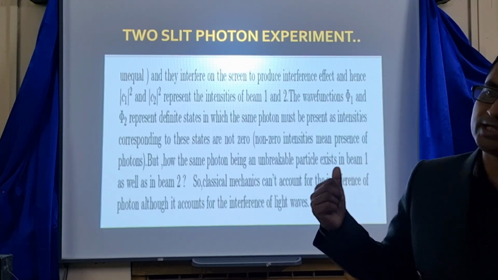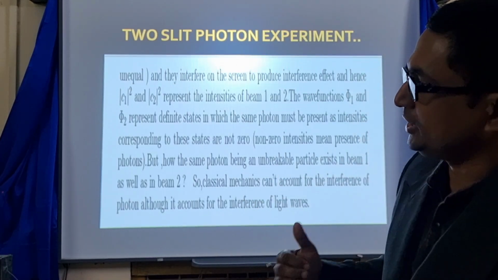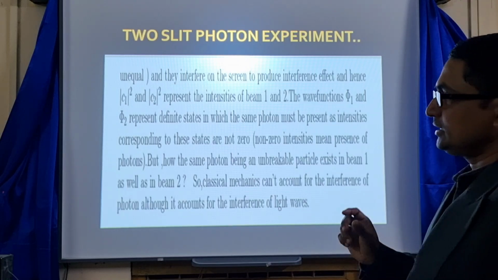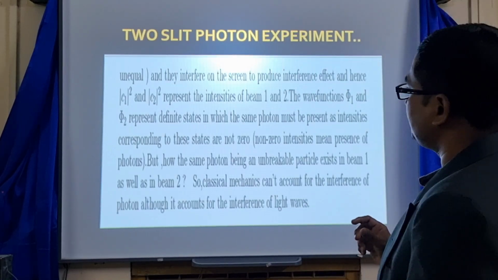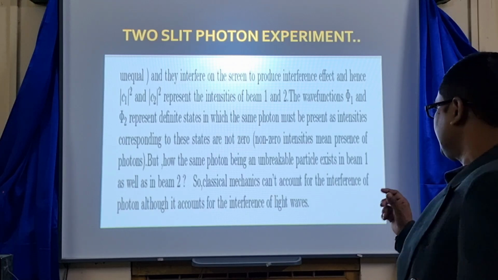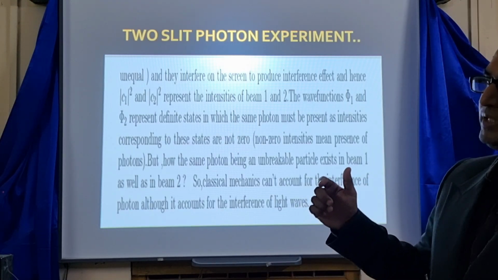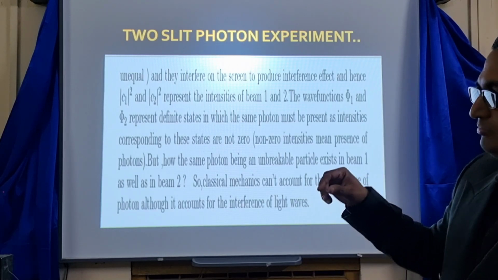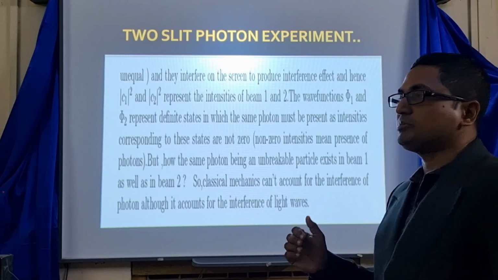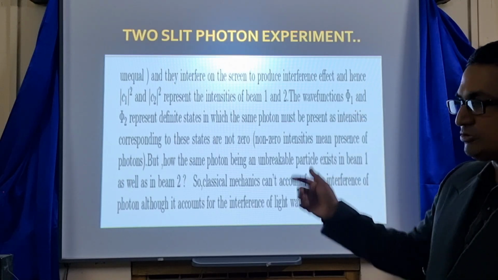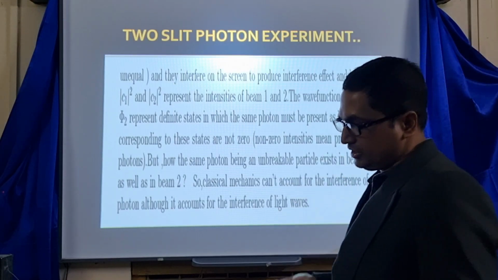So we can say that a photon state cannot be discussed in classical terms, where the interference of the photon is taking place. Interference of a single photon is taking place in terms of intensities, meaning one intensity passing through S1 and another intensity passing through S2.